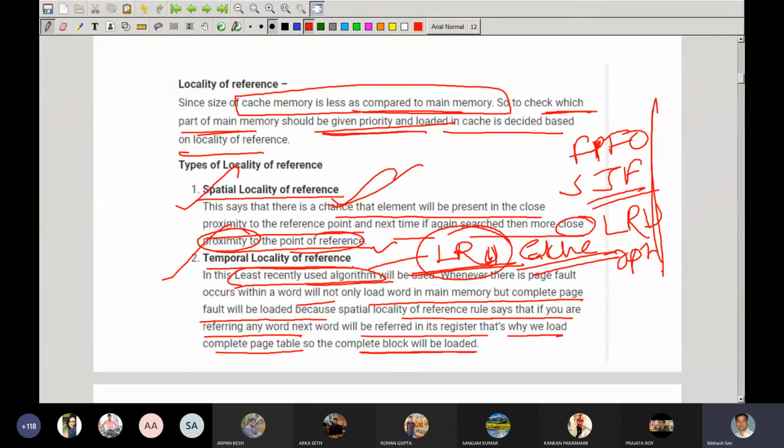As per the block size of the cache, some pages will be loaded. That means the full page will be loaded, not a single word.